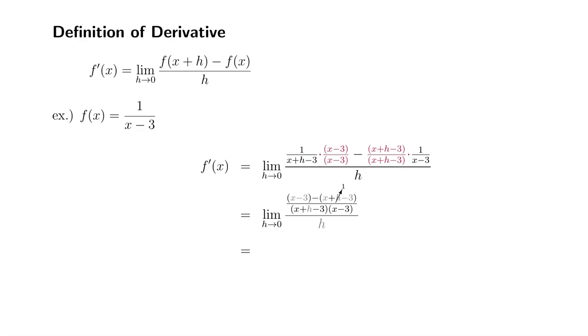Therefore, f prime of x is equal to negative 1 over the quantity x minus 3 squared. So that's the derivative of f of x here.